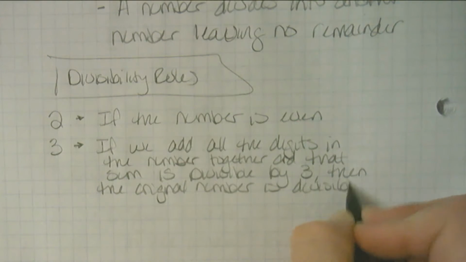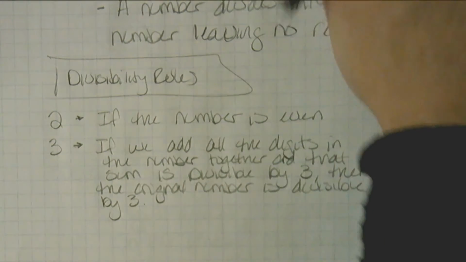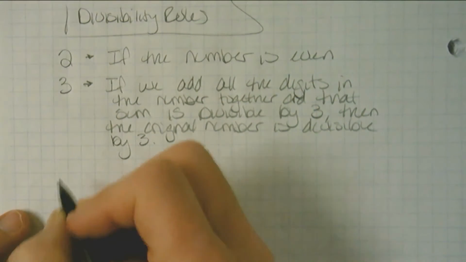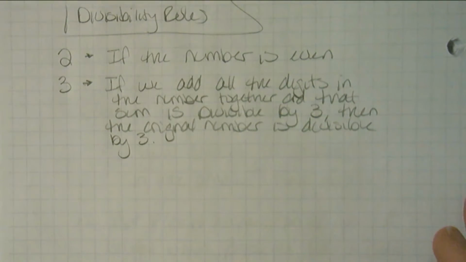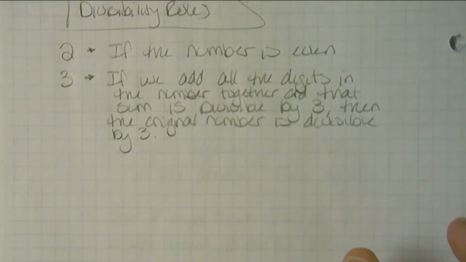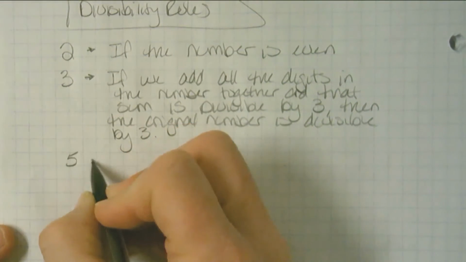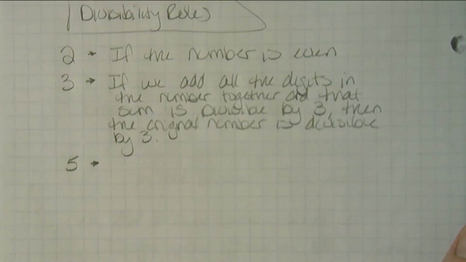How many of you guys remembered that? Awesome. 4 we don't use all that often, so I'm just going to go through with you guys the most common ones. Because if a number is divisible by 4, it's going to be divisible by 2. All right, how about 5? How do I know if a number is divisible by 5? Alex?